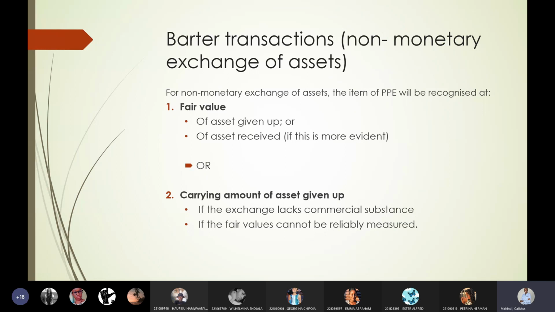For example, if that machine is traded in the market, but the machine that you're giving up is not really traded, so you don't have a market value, then in that instance, you'll use the fair value of the asset received to record the value of the asset that you're receiving.